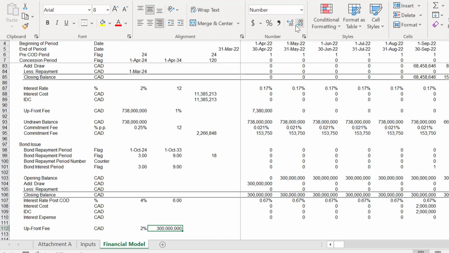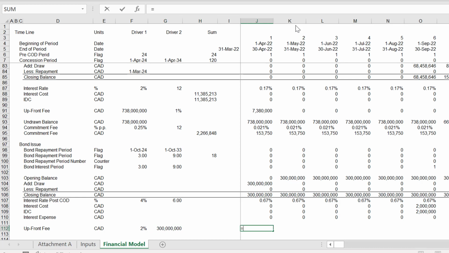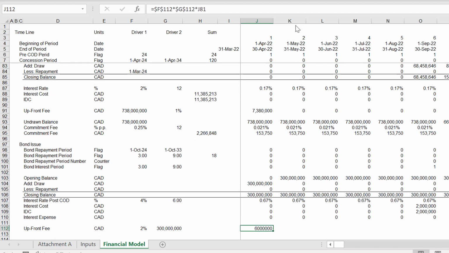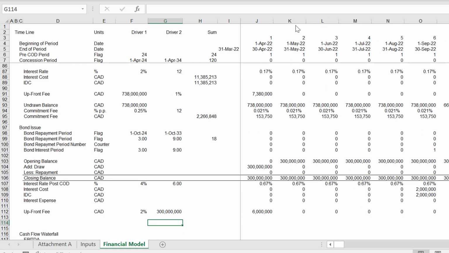Now, so we'll put our upfront fee as F4 times F4 times the, where is our, come on, get some words out. Where's our financial close flag? There. Okay, a little bit too high.